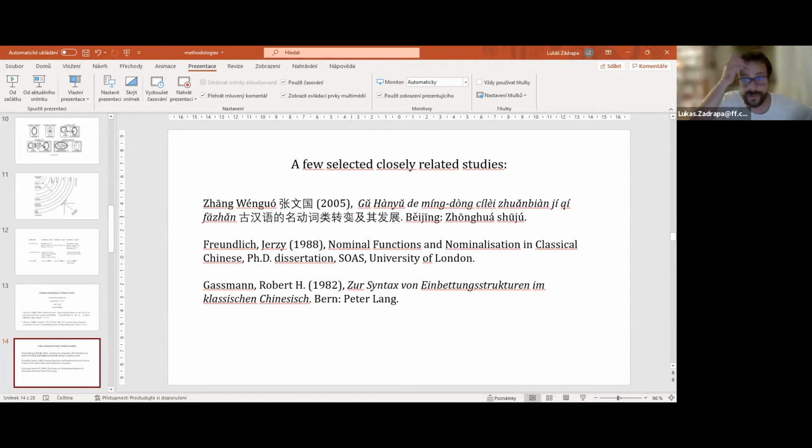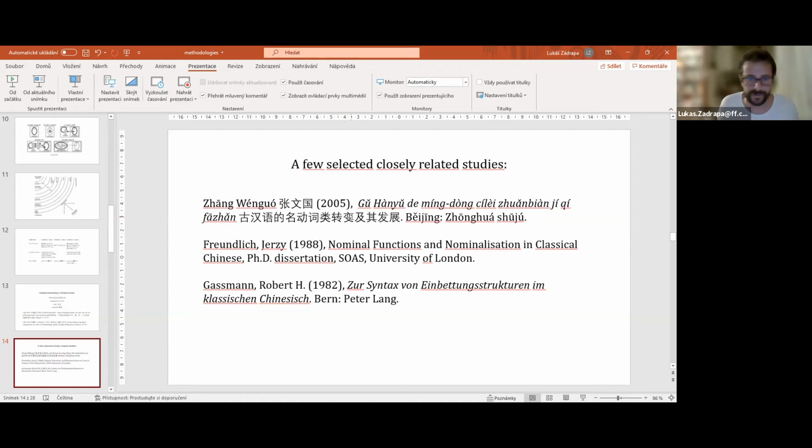And nominal functions and nominalization in classical Chinese, for example, were described by Jiří Freundlich, but it is a descriptive study where there is a lot of material, but the theoretical background is a bit different, and it does not approach such issues as degrees of nominalization and so on.